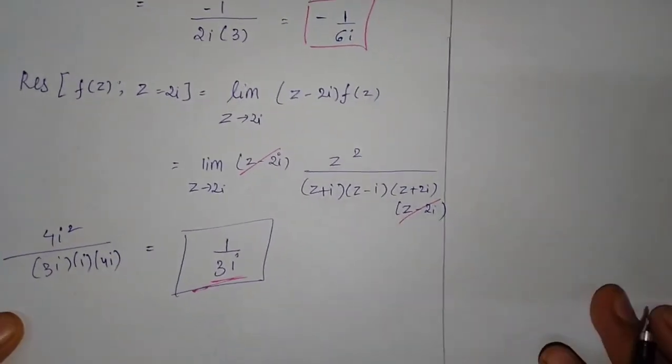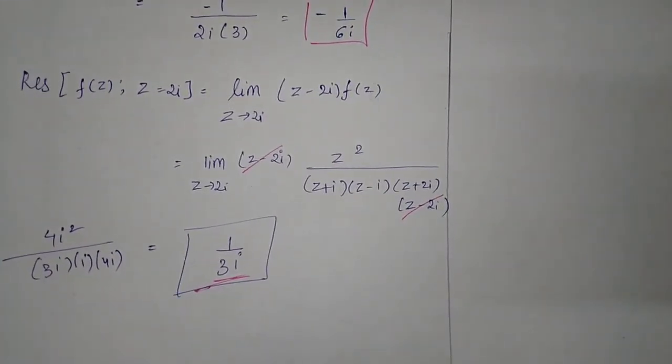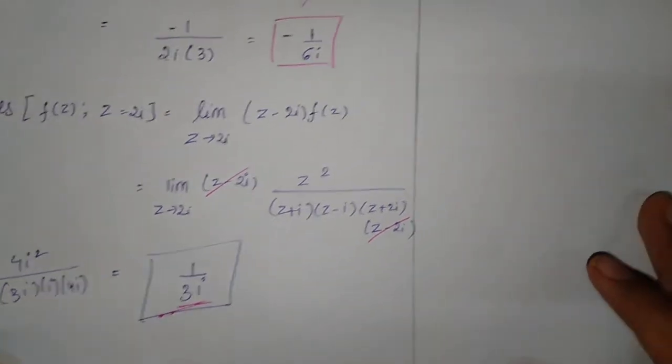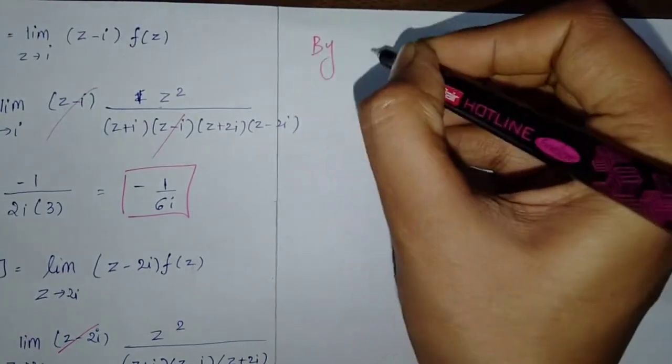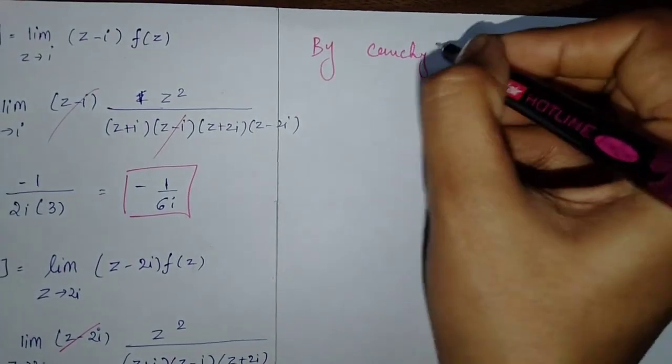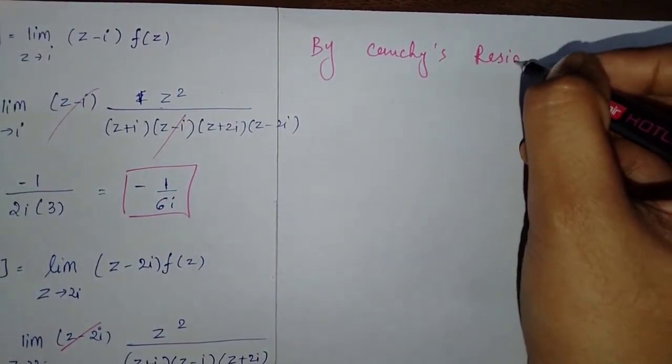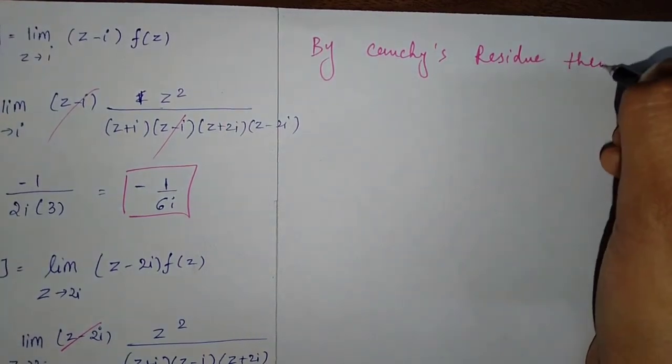Okay. Now we will put these values in the Cauchy's residue theorem, so that we will get the answer. So by Cauchy's residue theorem, so what was the theorem?